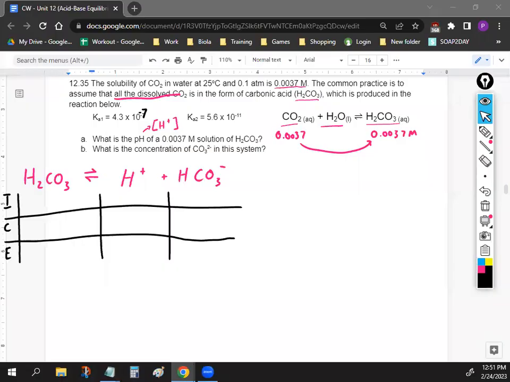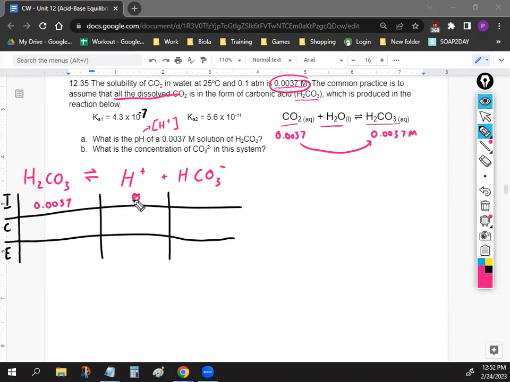Okay, guys, so hopefully you were able to identify that our initial concentration of carbonic acid is 0.0037. So we're going to plug that value in right here, 0.0037 molarity. The reason why is because it tells us all of the CO2 is in carbonic acid. So what values should we put for the products in this reaction?